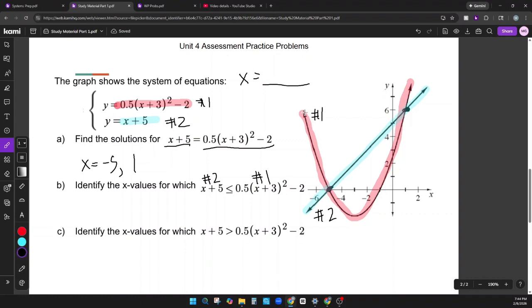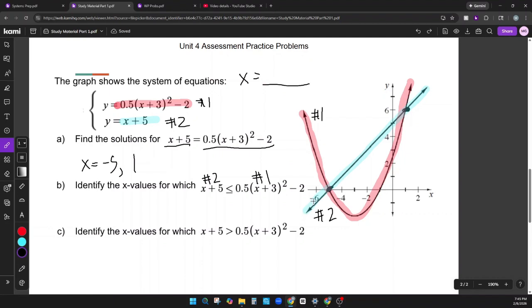I'm looking to see where my line number 2, that's going to be my linear equation, my blue line, is less than my parabola. And let's see. Well, I start, my line number 2 is less than my line number 1. By less than, I dissected what less than means, this is going to be lower. This is going to be, where is my line number 2 lower than my line number 1? And that's at the very start.